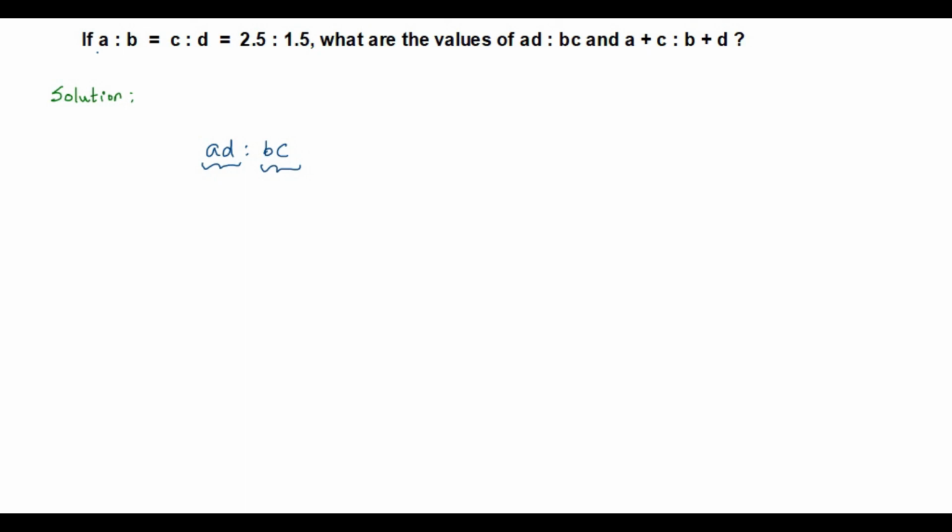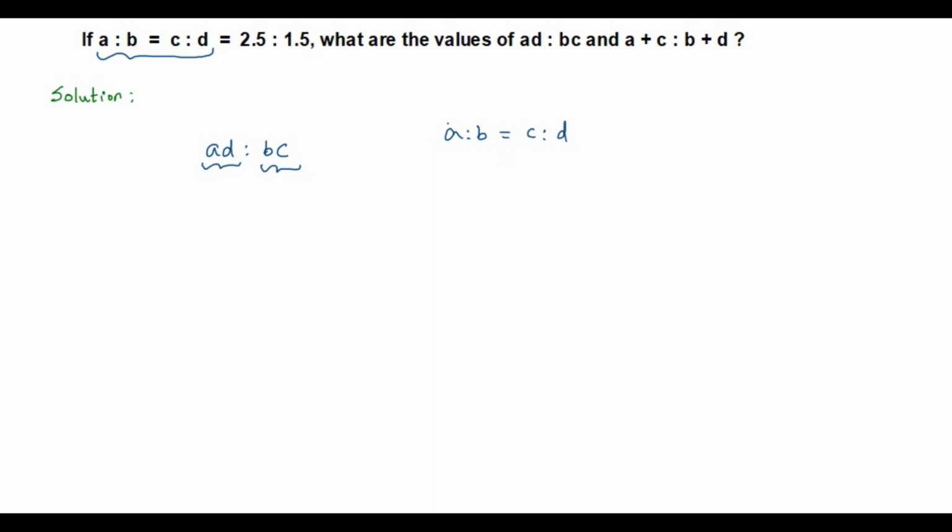Okay, let me take a part of the given proportion, that is A is to B is equal to C is to D. In the given continued proportion, I have taken only the first two ratios. So these two ratios are equal, so this is also a proportion. In this proportion, I am going to apply the cross product rule.